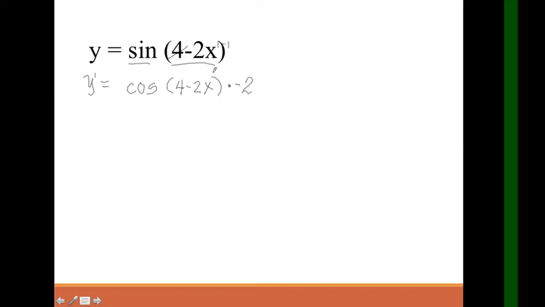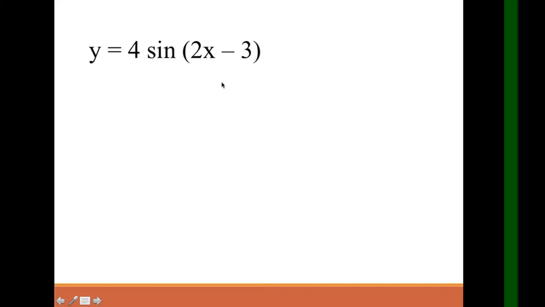After that, we just need to multiply cosine 4 minus 2x times negative 2. So, we will have an answer of the derivative of y equals negative 2 cosine 4 minus 2x. So, that will be our final answer for this second example.